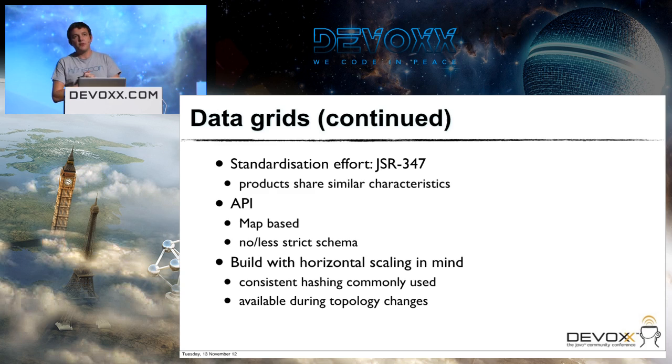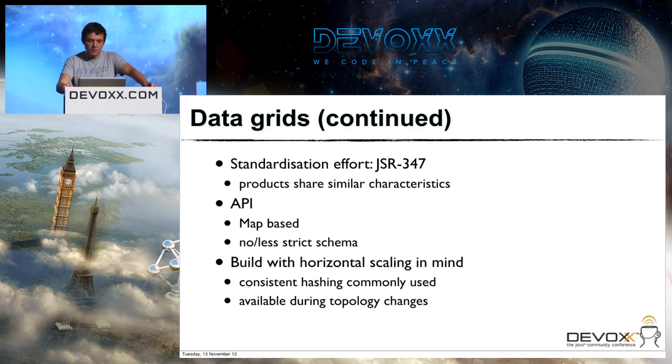API-wise, data grid products expose a map-based API, with no formal way of expressing the schema. They are generally built with horizontal scaling in mind. What do I mean by horizontal scaling? It means adding more nodes to the grid increases proportionally the storing capacity and also doesn't decrease the performance.